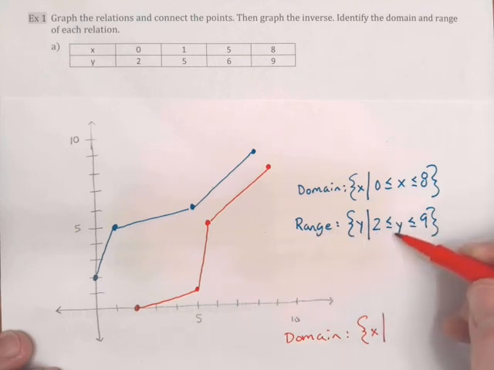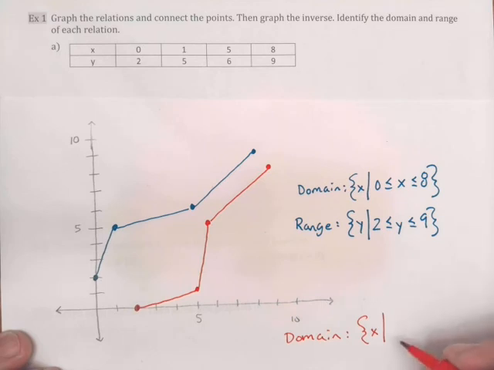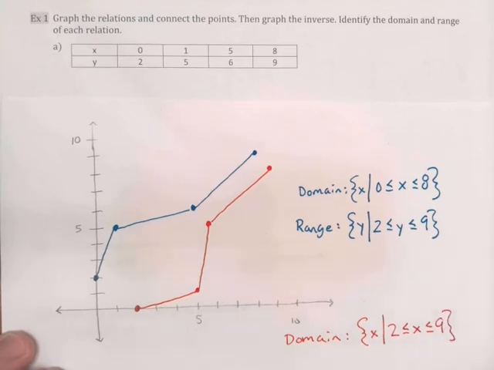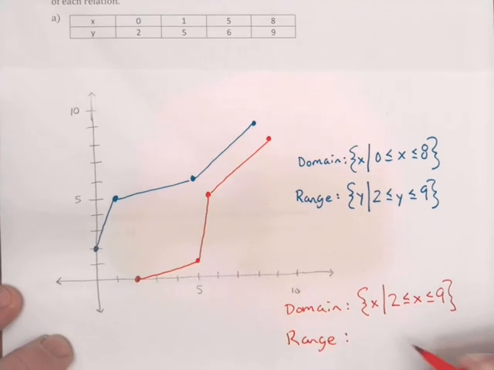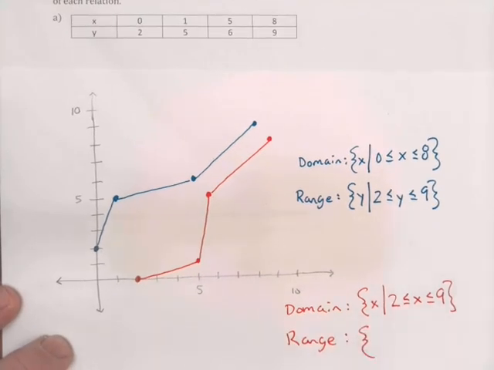So the range in the original were all the values of y from 2 to 9, including 2 and 9. That will become our domain. And the range of our inverse, those y values were the x values in the original.